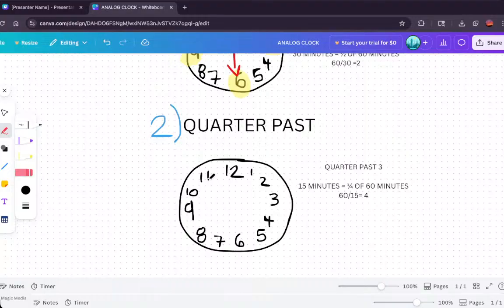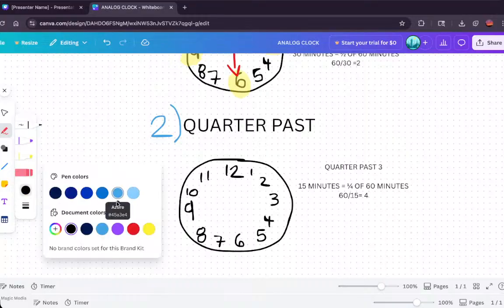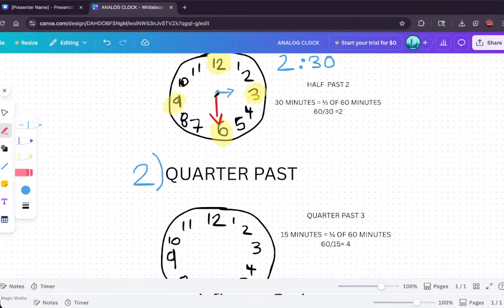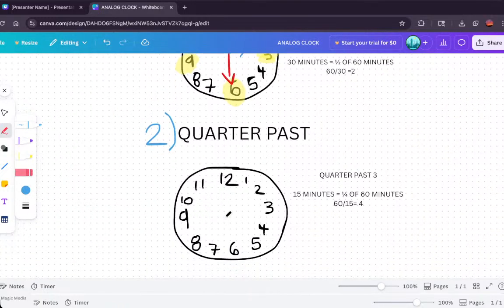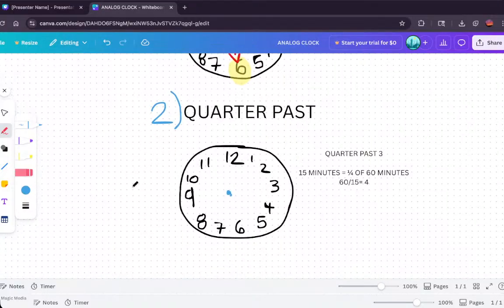Okay, so there we go. Again, I will label the hour hand as this light blue color. So 3:15. What does that mean? I'll give you guys 1 minute. I'll give you a hint. It starts with 3. Think about it. Think about what we just wrote down here.